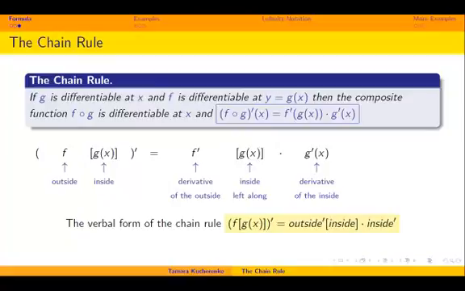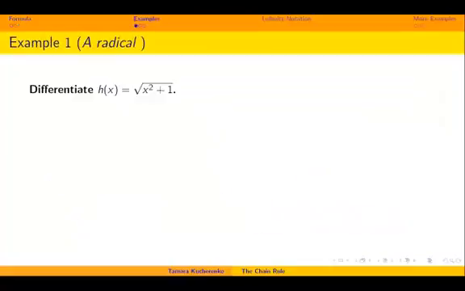Now let's look at our initial examples. The first example was a radical. We need to differentiate h of x equals radical of x squared plus 1. Here the outside function is f of y equals radical y.